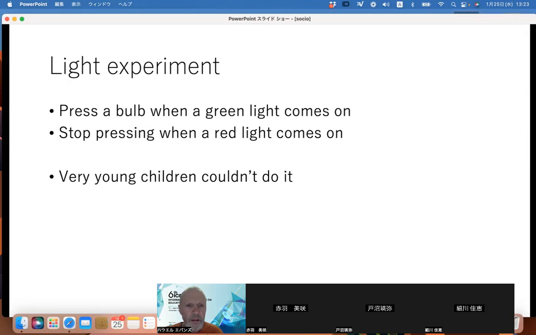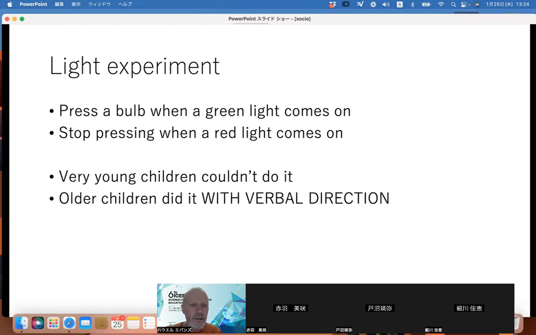Very young children couldn't do it. The green light comes on, maybe they start pressing, but then the red light comes on, they just keep pressing or press harder or something. They just can't do it, right? So very young children can't do it. And older children can do it with verbal direction, right?